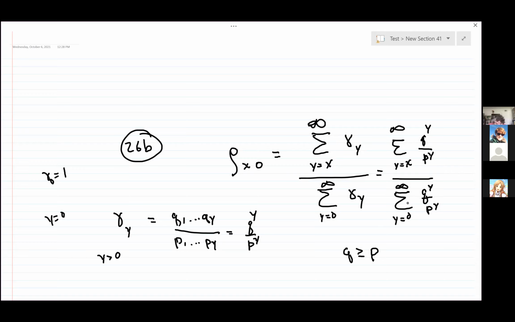It looks like infinity over infinity. So the question becomes, how do we get 1 out of this? Which is what we're trying to show.